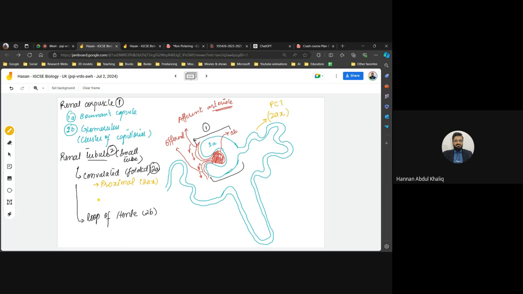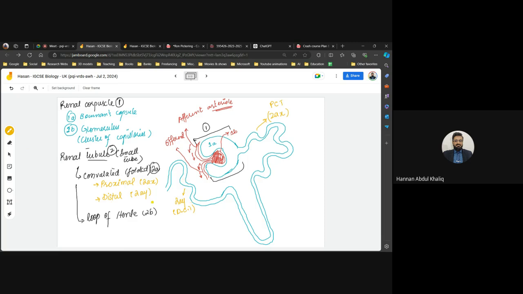And then there is another convoluted tubule called distal. Distal means far from a reference point. I'll mention it with 2AY. This is 2AY, the distal convoluted tubule. It is also folded. I made fewer foldings here, but it is also folded.